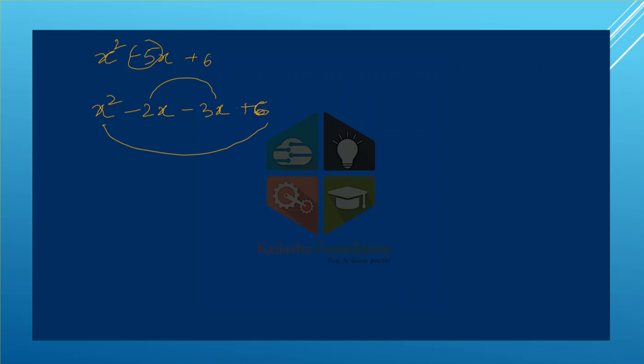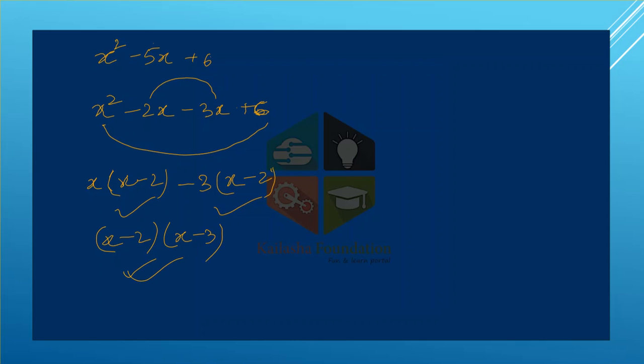We have to be wise in doing this. Taking x common, we get x minus 2, and taking minus 3 common, we get x minus 2 again. Now taking x minus 2 common from both, we get x minus 3. So this is the factored form.